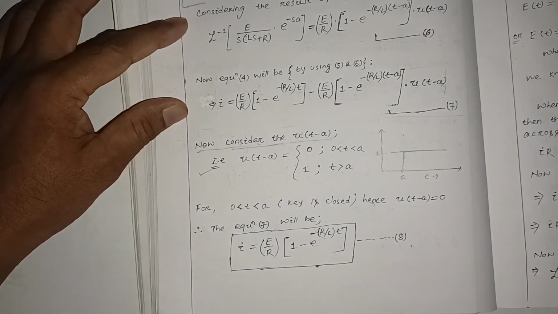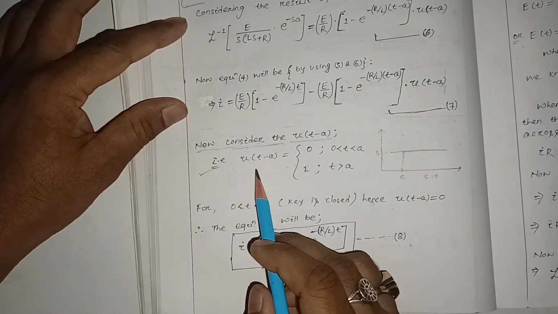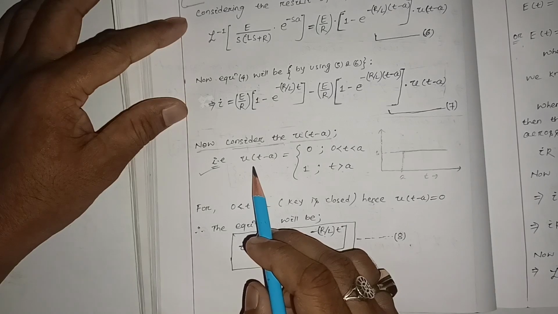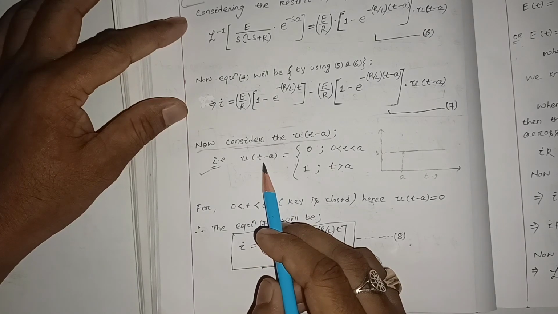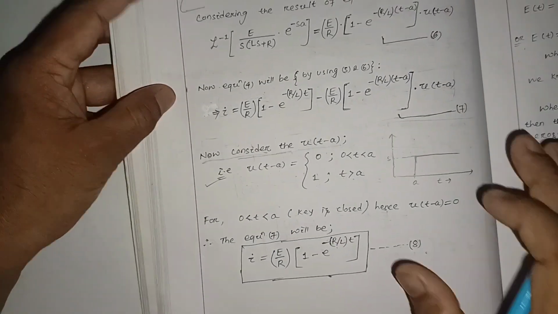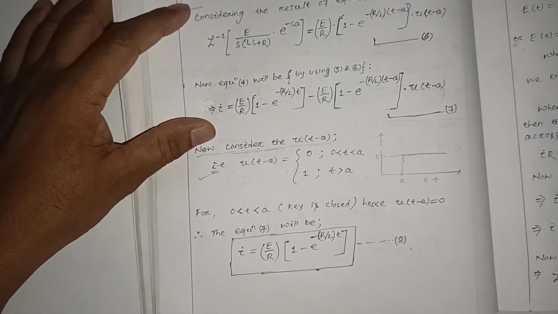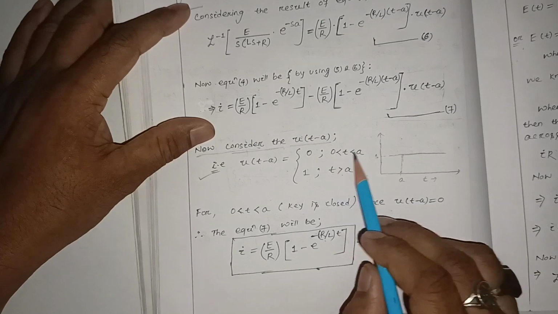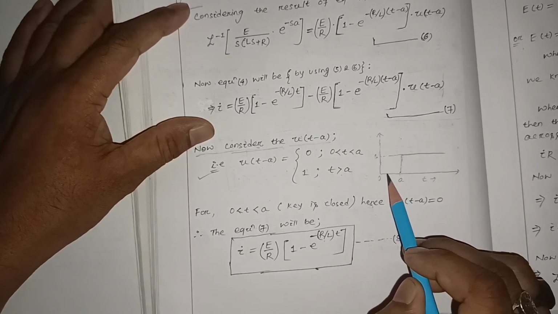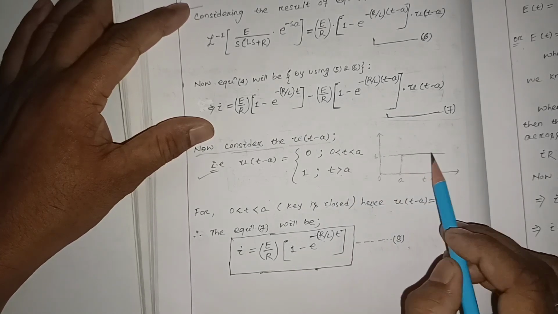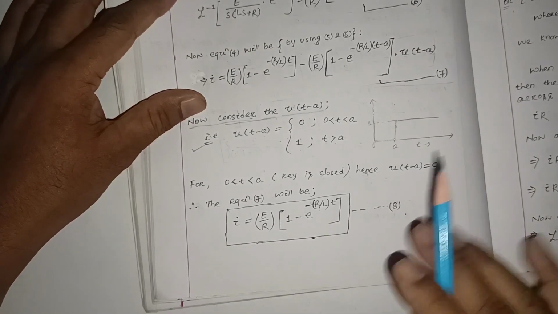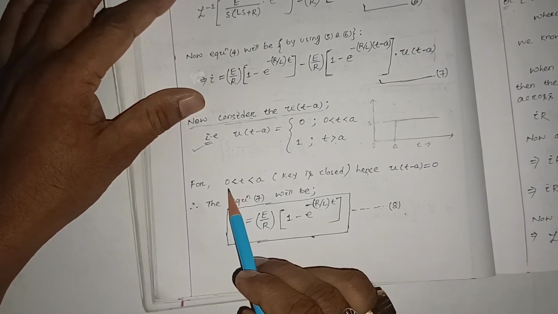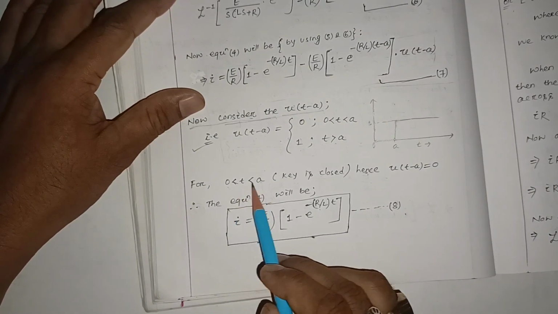This is the representation of a unit step function. Graphically also, up to a, from 0 to a, the value is 0, and above a it is 1, right? So now consider the time in between 0 to a.